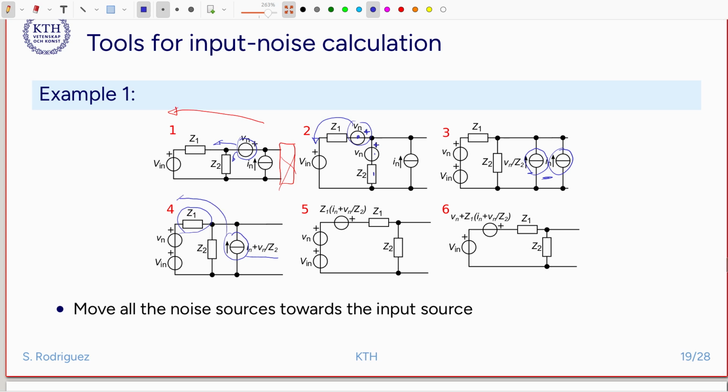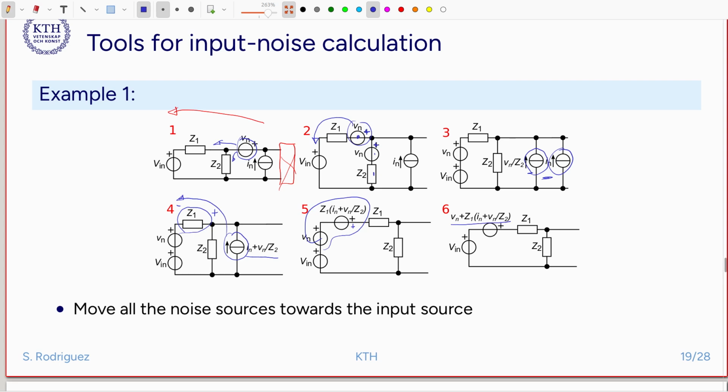The voltage produced on this impedance is going to be plus to minus, so the voltage source has to be plus in this direction. So when we find this voltage source, then we have basically all the voltage sources that form the total input referred noise already in series with the source, and we can calculate the total input referred voltage noise here.